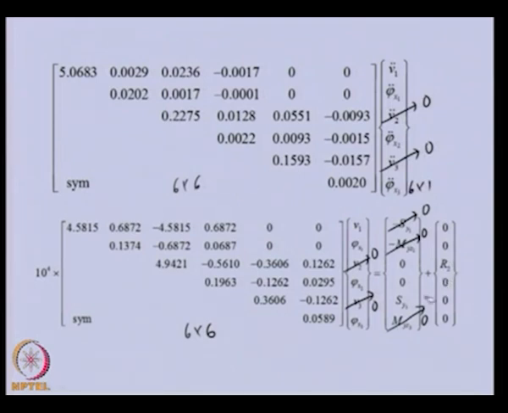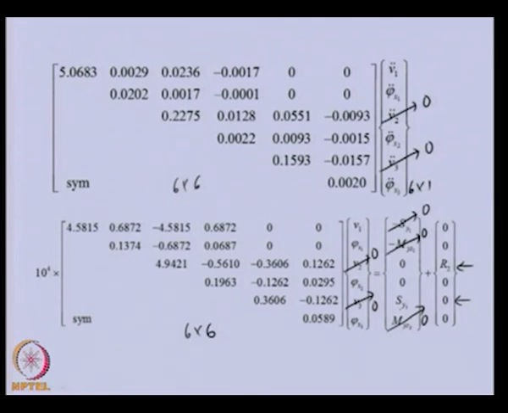There is an unknown here. So basically we will be removing the third equation and the fifth equation, and the remaining equations we will keep with us.